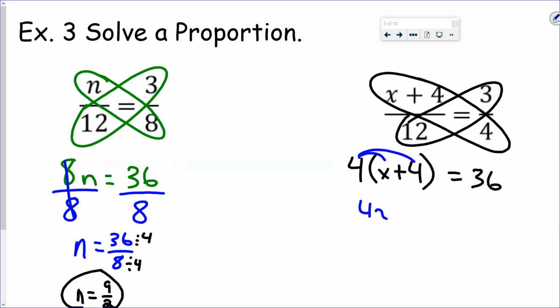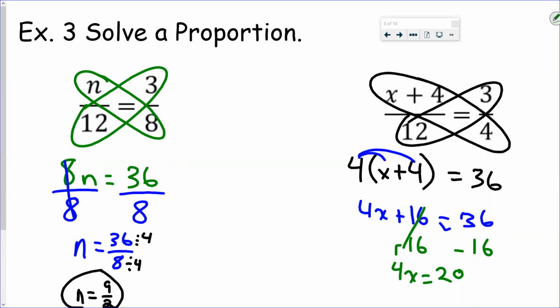Distribute. 4x plus 16 equals 36. Subtract 16. Nice, my board was uncalibrated. 4x equals 20. Divide by 4. So x equals 5. We plug x 5 back in, so then we know this top number should be 9. Okay? So using our cross products will help us find the answers for various proportions by setting up equations that we should already know how to solve.